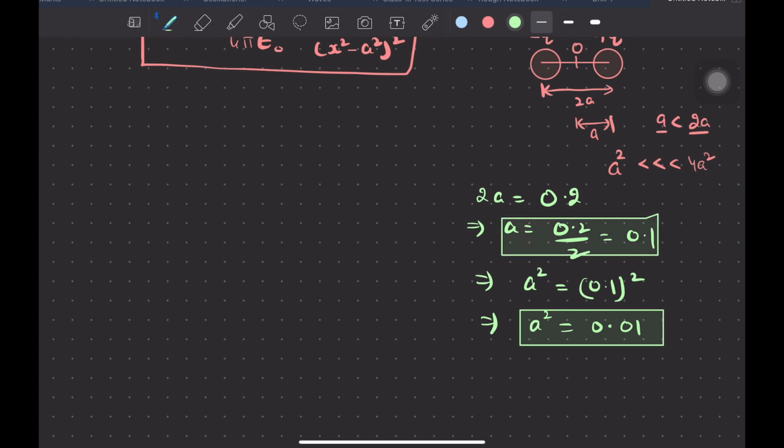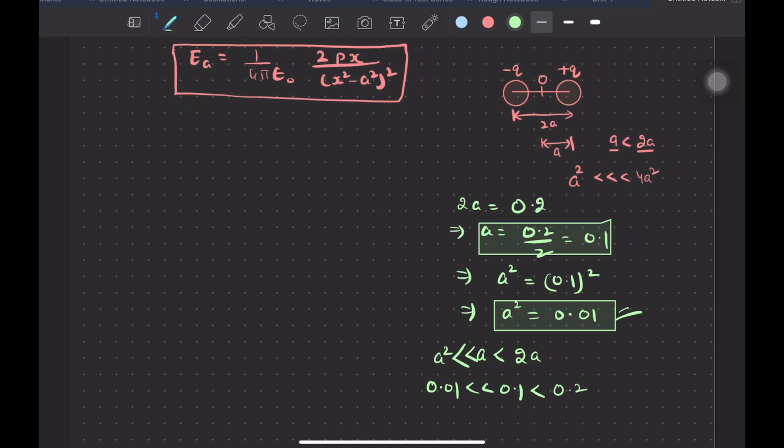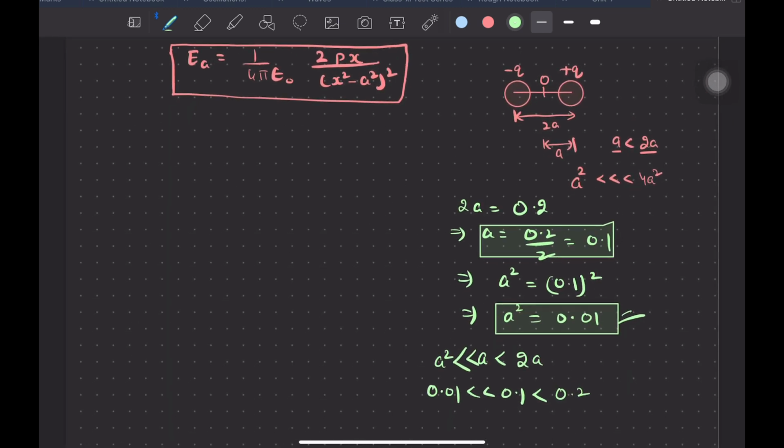That means a was less than 2a, but a square is very much less than a, because the value of a square is 0.01, which is very less than 0.1, and 0.1 is less than 0.2. So you can see that the square of a small number is really very small.